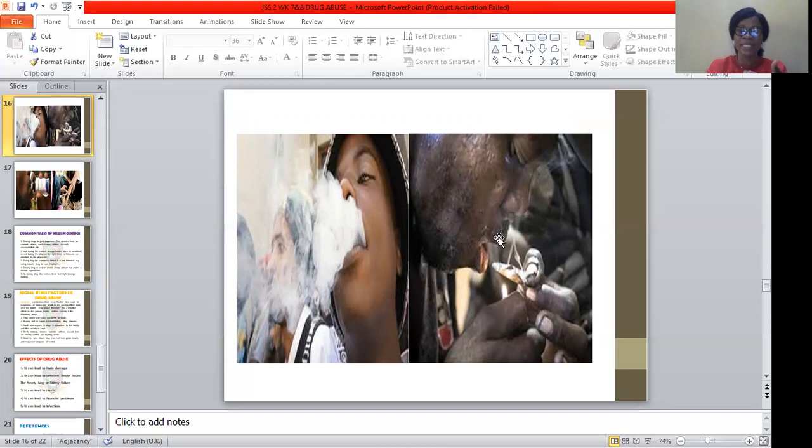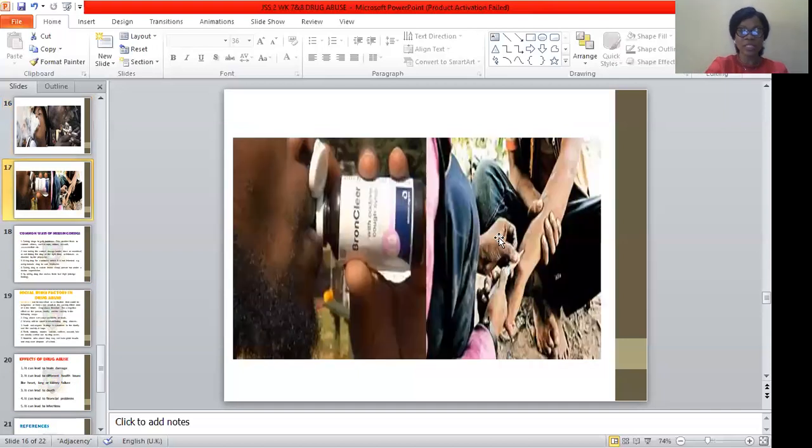From this picture you see the drug addict, I think it's cocaine or whatever, he puts it in a spoon, uses a lighter, and as the smoke is coming up, he's sniffing it, inhaling it into his body system. That's the second method of using drugs. The third one is injection. That is when you take them through your body system. Like I said earlier on, it can be tablets, syrup or capsules. And the last one is absorption through the skin.